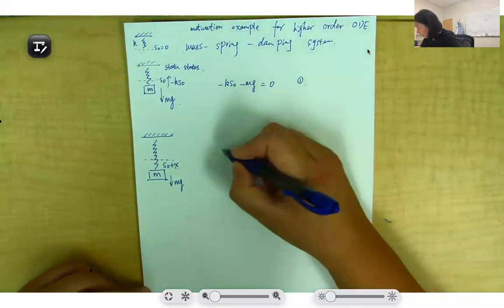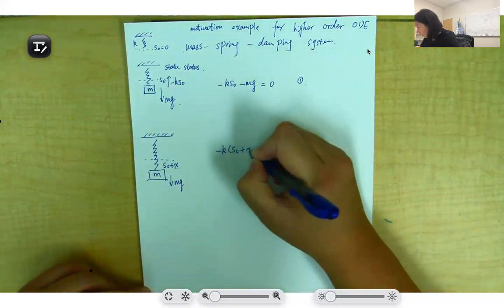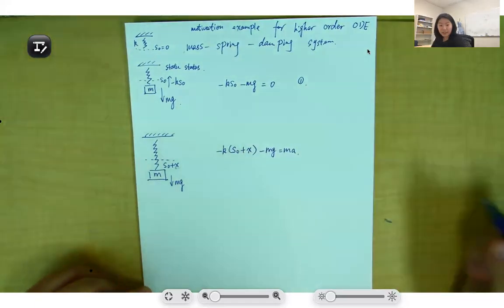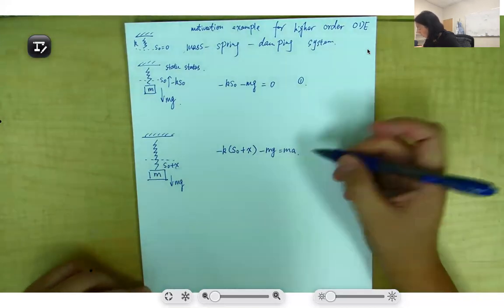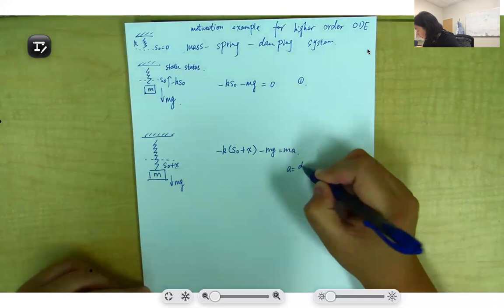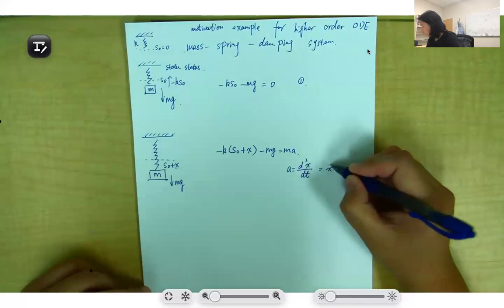After that, we add basically the acceleration part by this x length of the spring. We can write this system as k(s0 plus x) minus mg equals ma. The a is the acceleration of the subject, and you know that this a is basically the second derivative of the distance. We can also write it as x double dot.